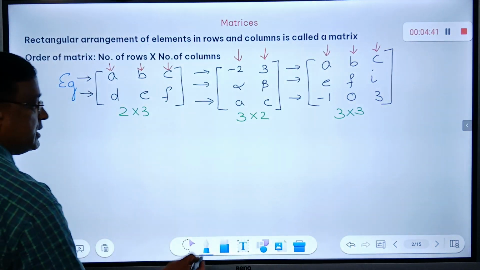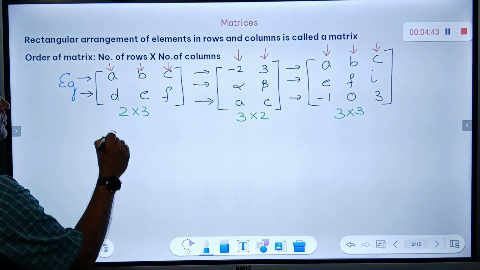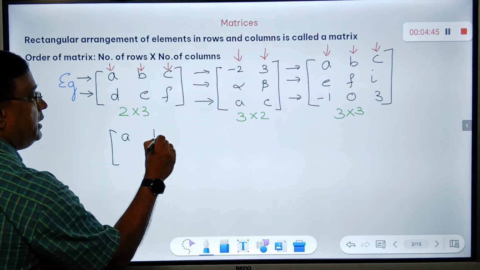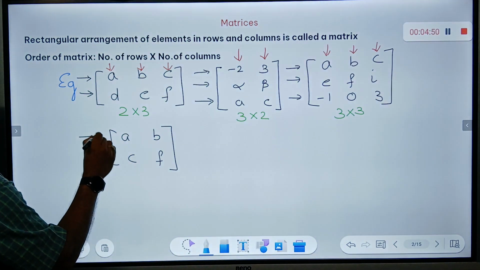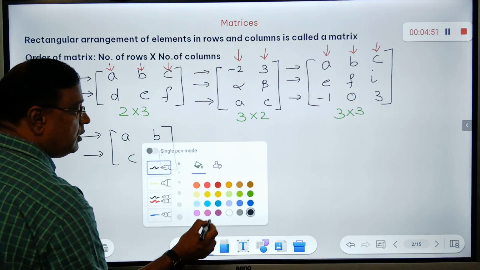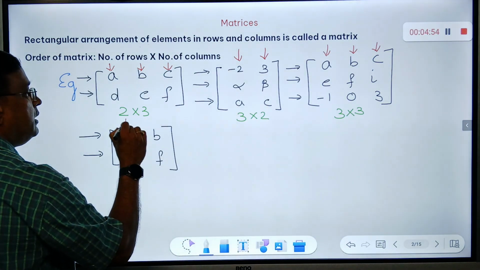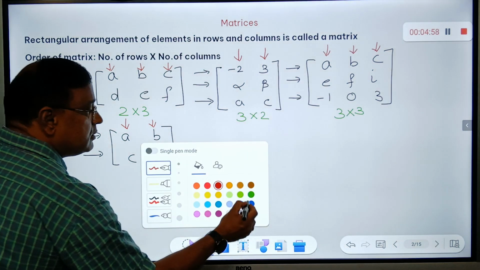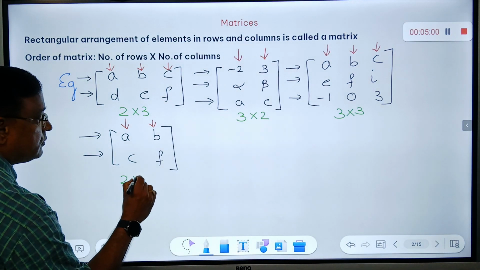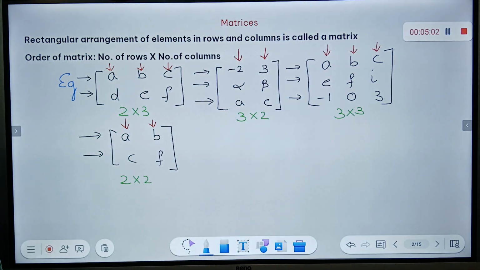Let's take one more example. A, B, C and say F. Horizontal entries are rows and the vertical entries are columns. So what is the order of this matrix? The order of this matrix is 2 by 2.